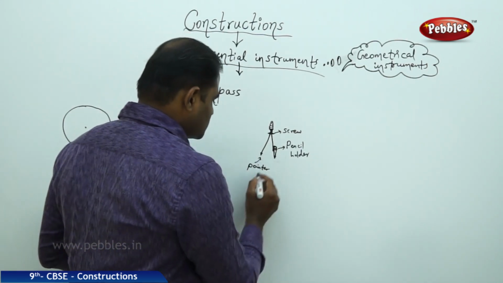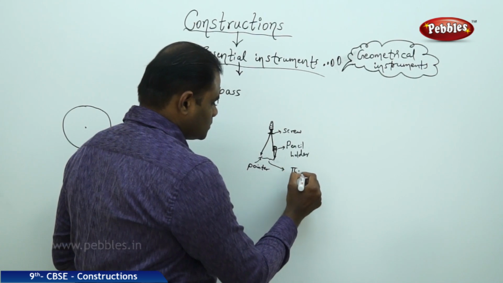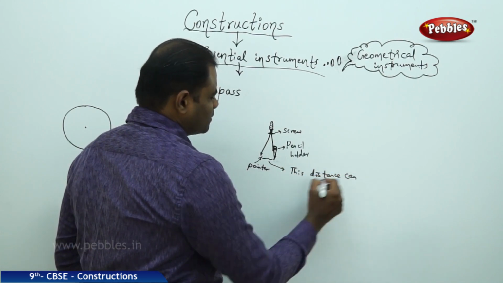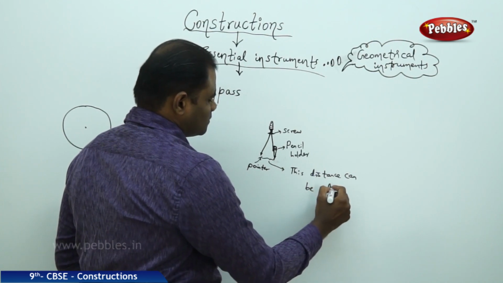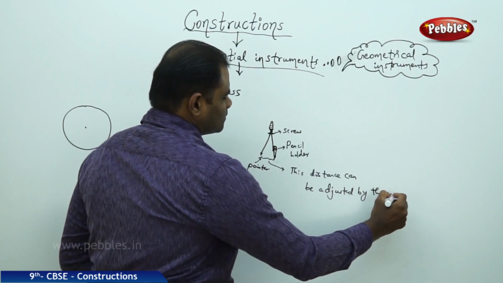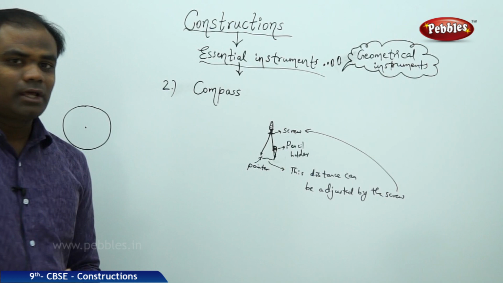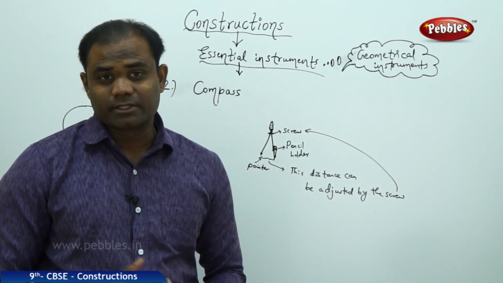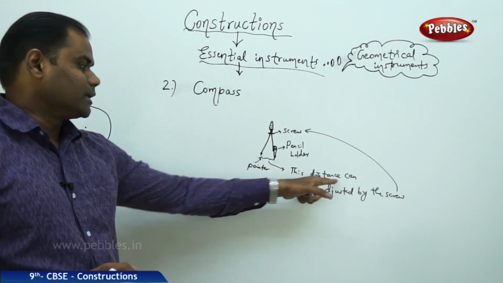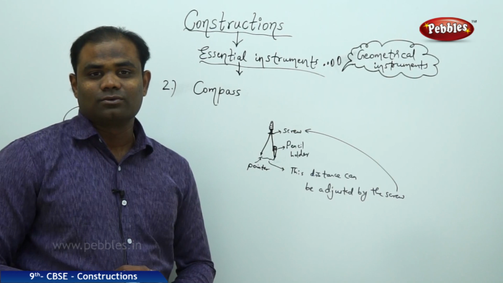So this distance can be adjusted by the screw which is out here. The suitable distance which we wanted can be adjusted by moving to and fro, and getting the fixed distance can be adjusted by the screw.